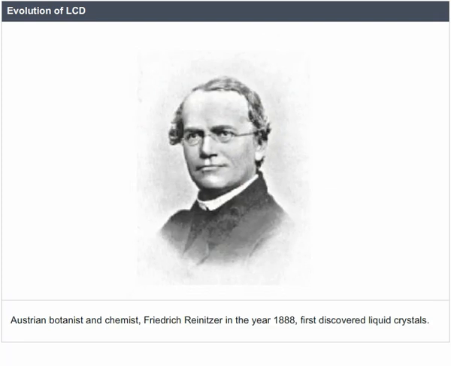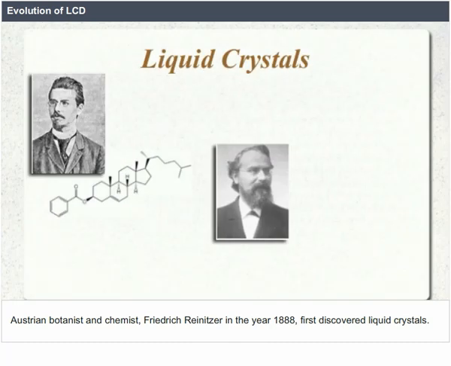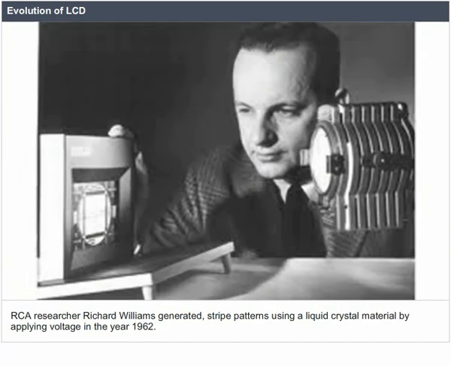Evolution of LCD. Who discovered liquid crystal display? Austrian botanist and chemist Friedrich Reinitzer in the year 1888 first discovered liquid crystals. RCA researcher Richard Williams generated stripe patterns using a liquid crystal material by applying voltage in the year 1962.